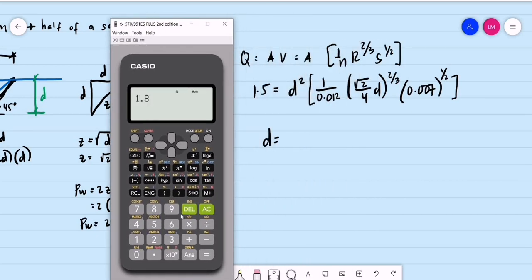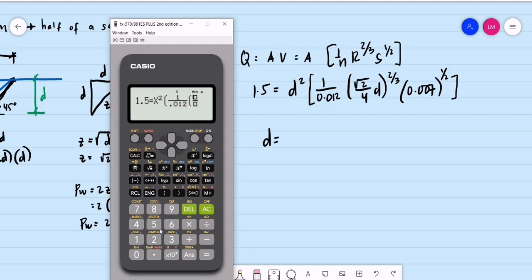This is 1.5 equal to, we have 1.5 is equal to our area, that is the same as the alpha x squared, multiplied by the velocity, that is 1 over our roughness coefficient, 0.012, then multiplied by the hydraulic radius.